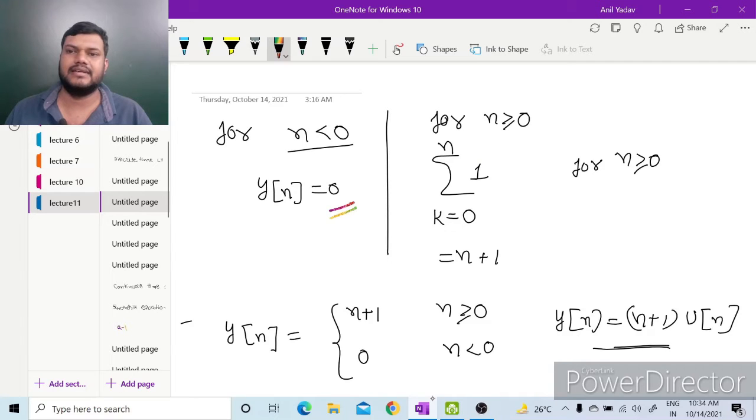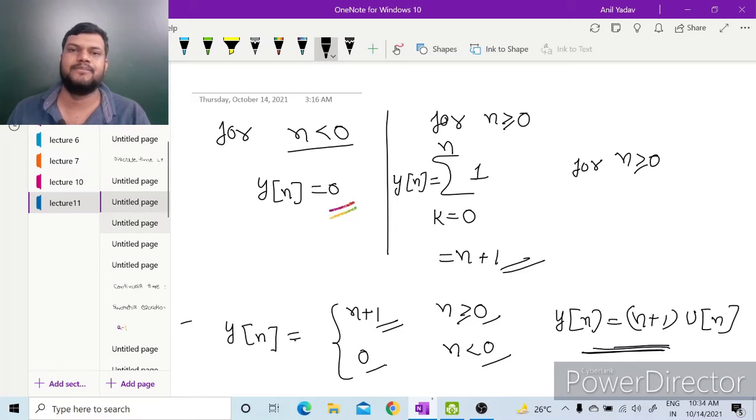But for n greater than or equal to 0, y[n] will be the summation from k equals 0 to n of 1, because both x[k] and h[n minus k] have value 1 from 0 to n. So this will be n plus 1. So y[n] is n plus 1 for n greater than or equal to 0, and y[n] is 0 for n less than 0. So we can write y[n] as (n plus 1) multiplied with u[n].